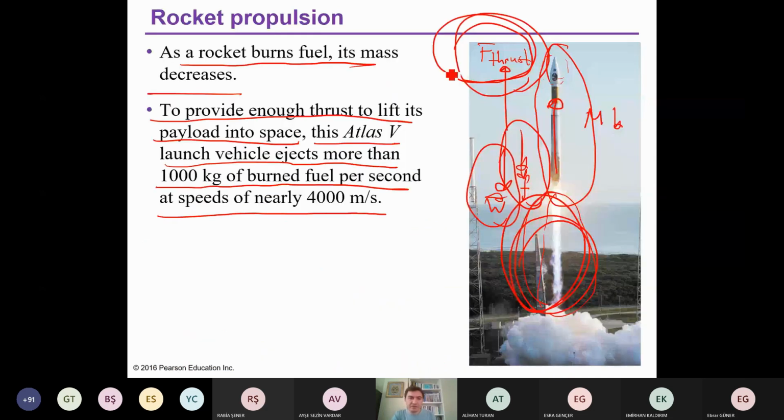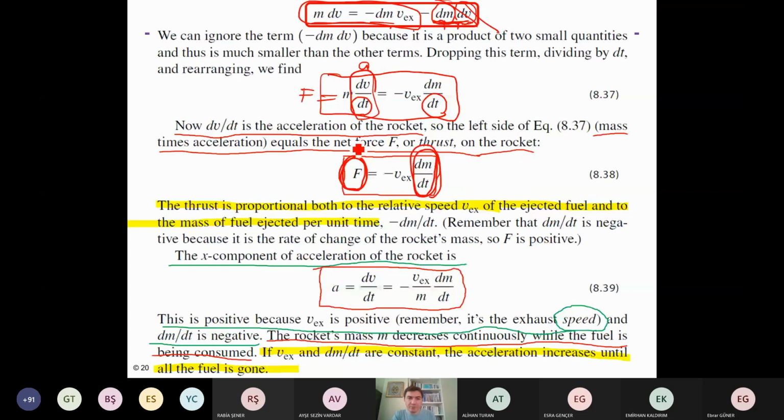And the thrust is proportional both to the relative speed vx of the ejected fuel, this one, and to the mass of fuel ejected per unit time, this one, minus dm over dt. So look at this vx. What is this one? The relative speed of the ejected fuel.